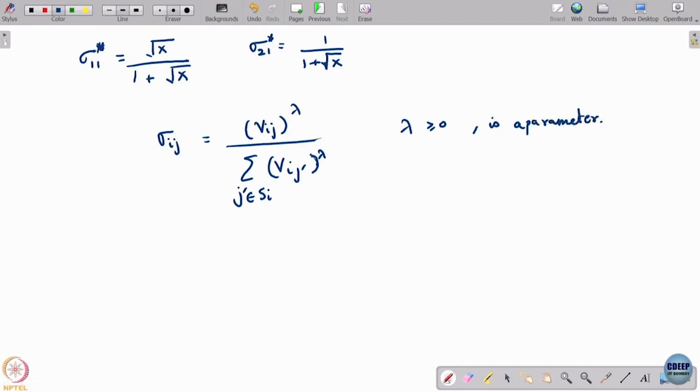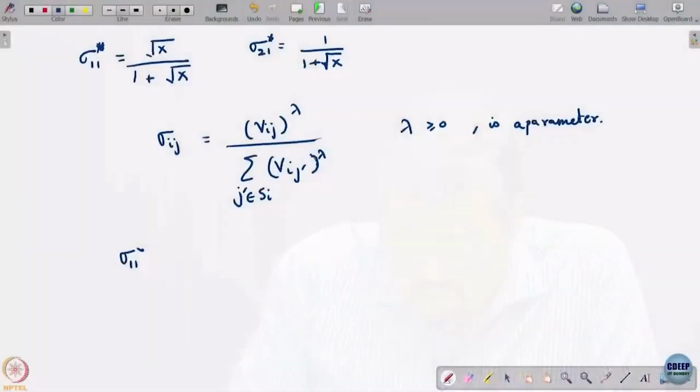Now, this is also a model of responding. You can solve for a quantal response equilibrium with this kind of quantal response model as well. In fact, I can tell you what it looks like in closed form.